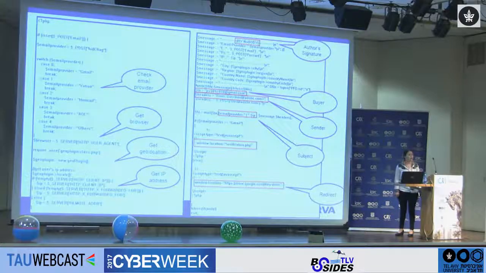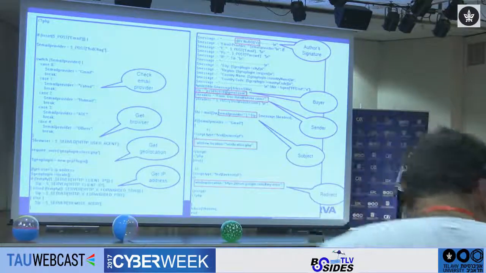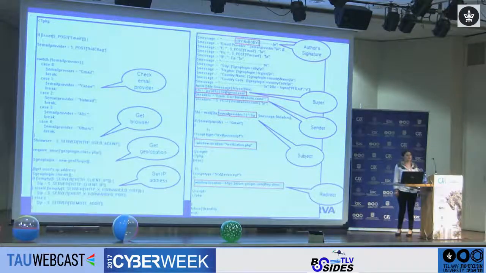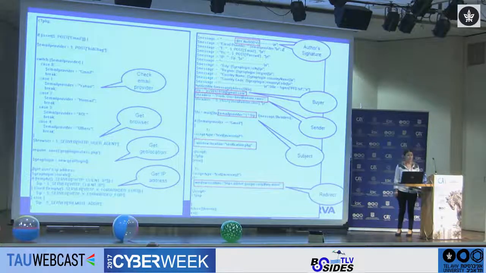The result message is exfiltrated in two ways: it's written to a log file on the server, and it's sent to an external email account of the attacker, which we assume is a buyer of the kit.